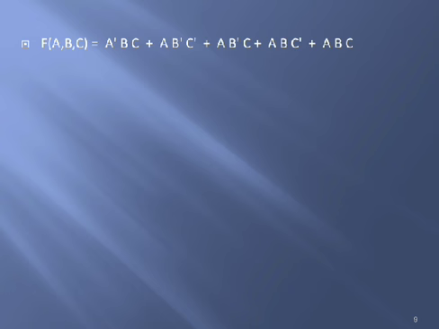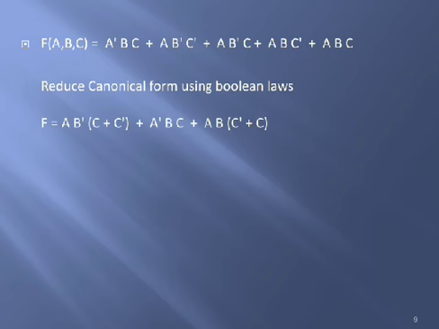And if you want to simplify this using Boolean laws, from the second and third terms, I can take common a b bar, so that the leftover term will be a b bar into c plus c bar, plus I am writing the first term as it is, that is a bar bc, and in the next two terms I can take common ab, so that ab into c bar plus c, so c bar plus c will become 1, the leftover terms will be ab plus a bar bc plus ab.